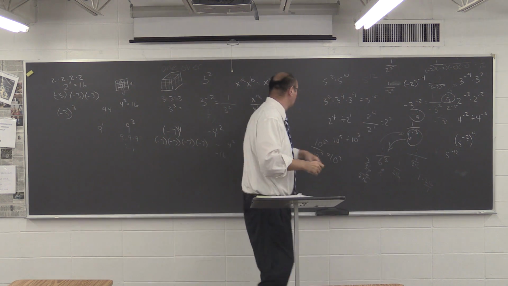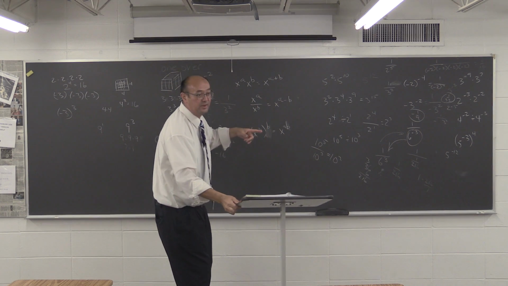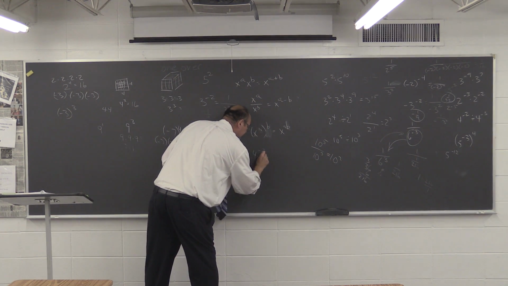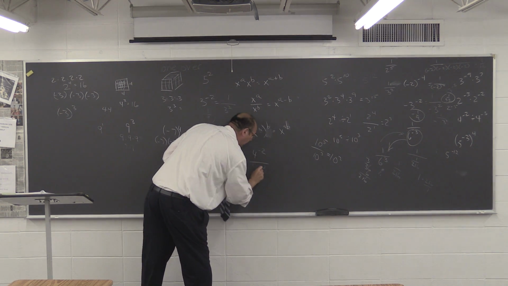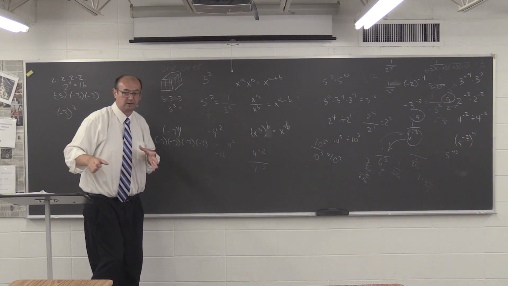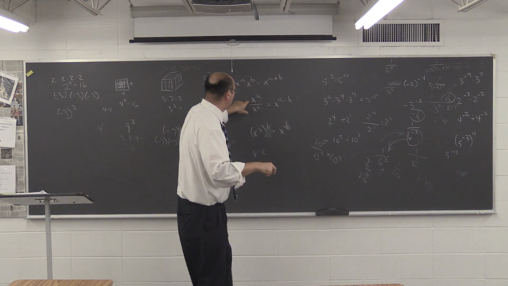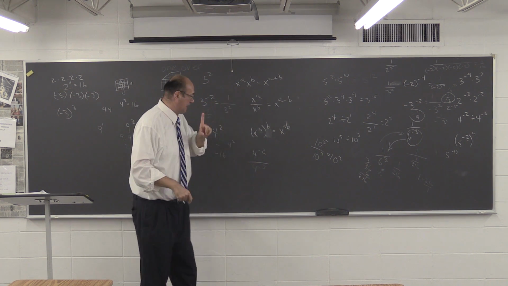Division. Oh, look at this one. 4 to the negative 2 divided by 4 to the negative 3. You ready? Now, when we divide, we can do this one of 2 ways. When we divide, what do we do to the exponent? Subtract.